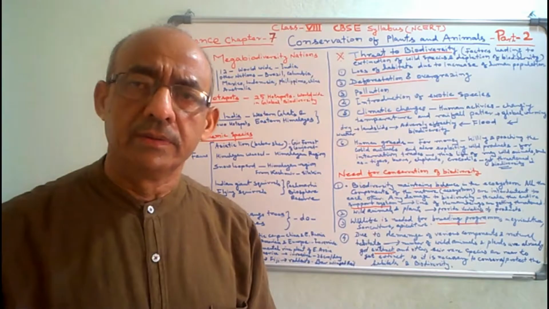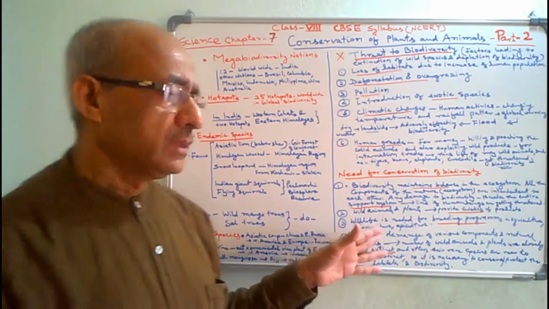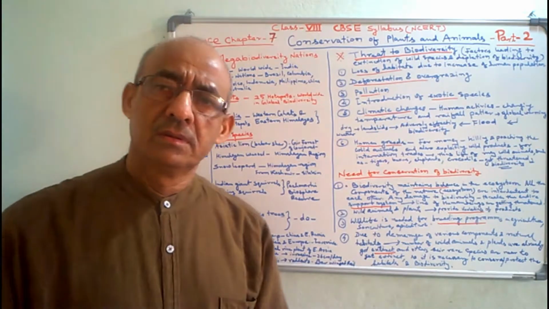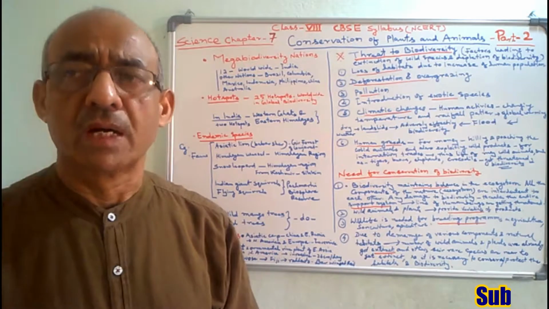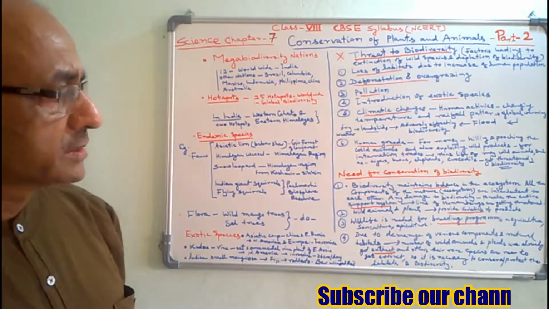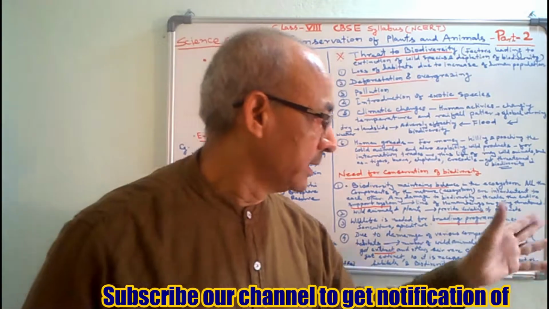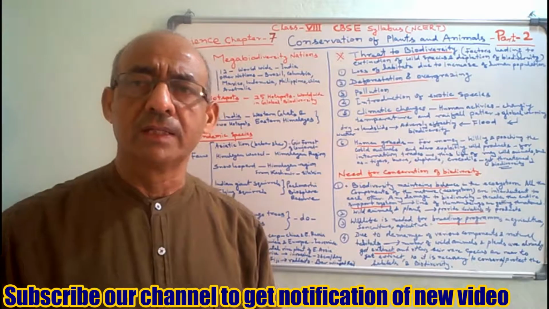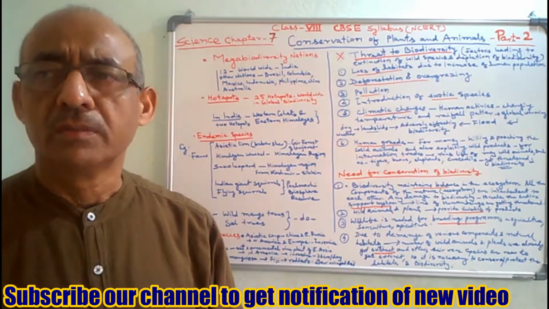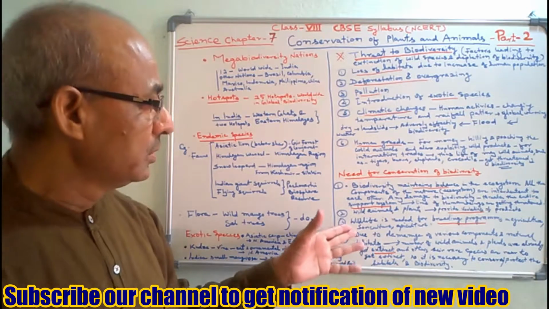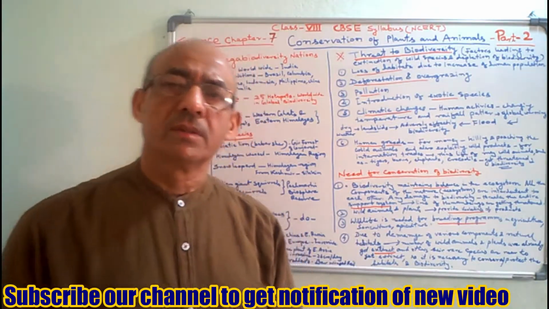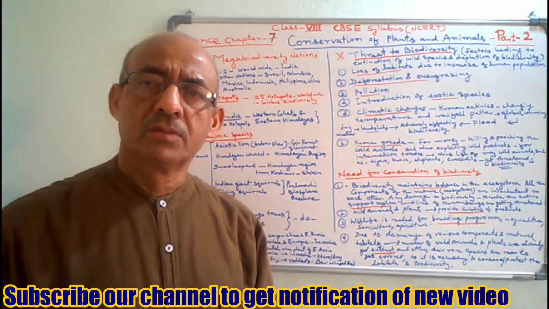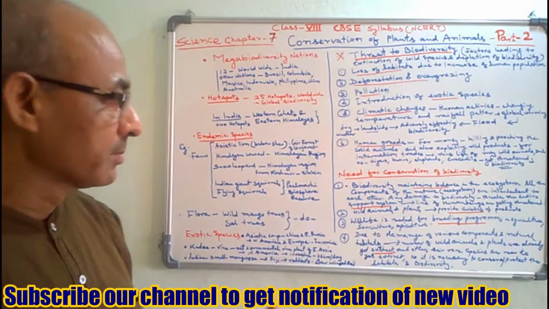The third need is that wildlife is quite essential for breeding programs. In various sectors like agriculture, sericulture, apiculture, wild species are required for breeding purposes. So conserving biodiversity is essential for breeding purposes.